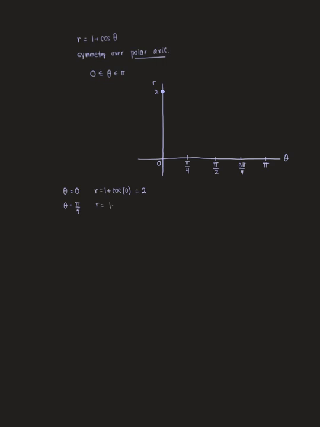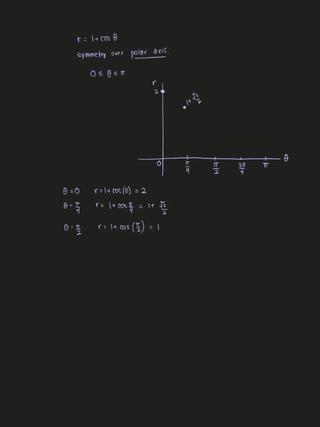So r equals 1 plus cosine of pi over 4, or 1 plus root 2 over 2. That's a little bit smaller than 2, so I know that at pi over 4, maybe we're over here, and that'll be 1 plus root 2 over 2. When theta is pi over 2, r will be 1 plus the cosine of pi over 2, which is 0, so this will just be 1.